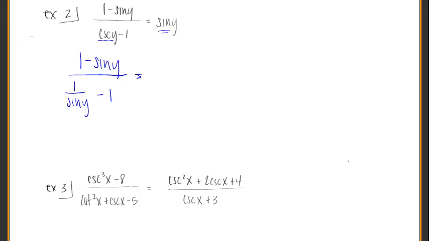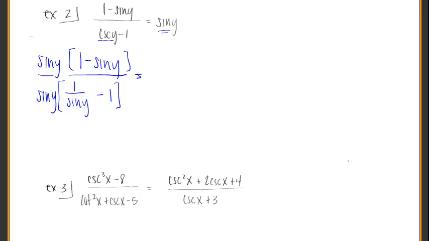And at this point, I kind of want to get rid of the complexity here. I've got a fraction inside of my big overall fraction. And the way to get rid of it is to multiply by whatever's in the denominator. So I'm going to multiply this denominator here by sine y, and this top by sine y. And I can do that because technically all I'm doing is multiplying this fraction by just a fancy looking 1.